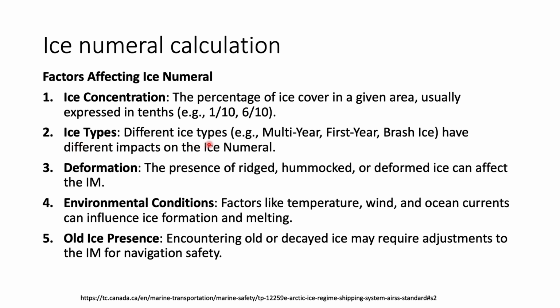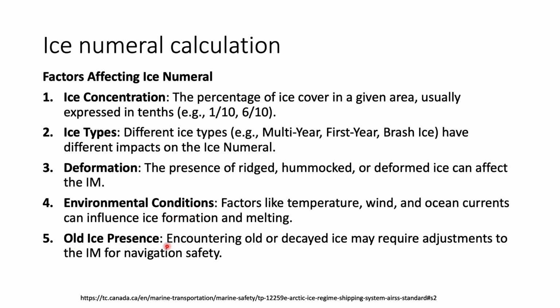Ice type is the different types of ice: multi-year, first year, brash ice, etc. They have different impacts on the ice numeral. Deformation means the presence of rigid, hummocked or deformed ice that can affect the calculation of the ice numeral. Environmental conditions like temperature, wind and ocean currents also affect these values.